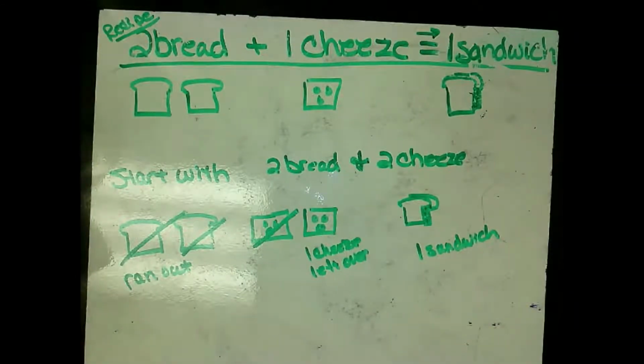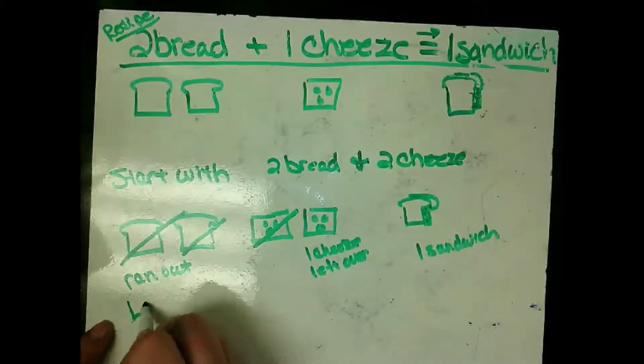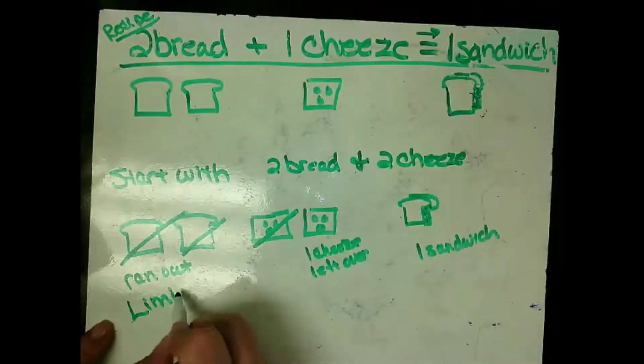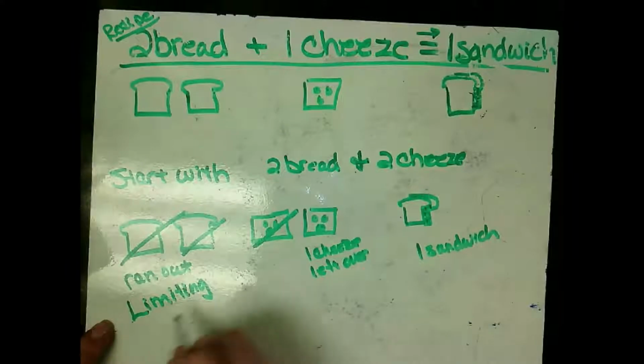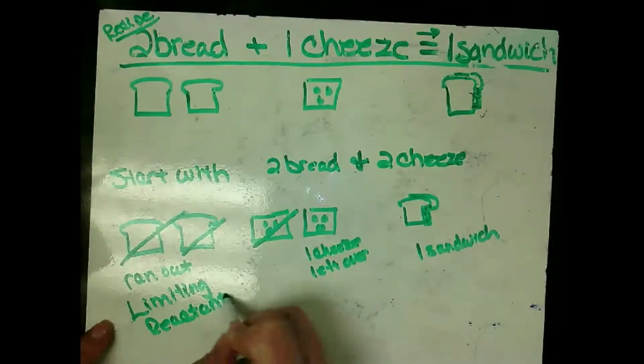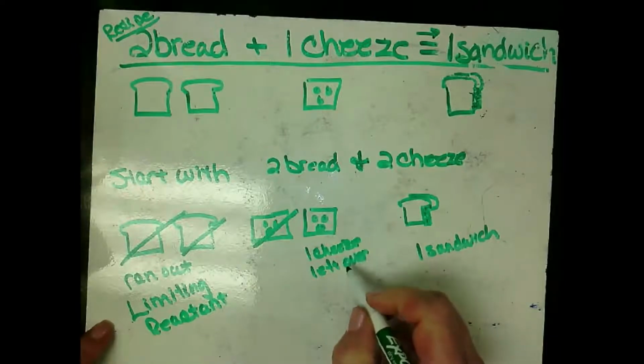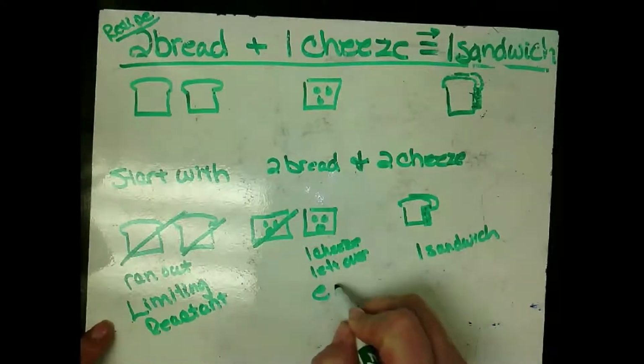Okay, so now the stuff that runs out is our limiting reactant. And sometimes it's called reagent, reactant, same thing. And the stuff that's left over is our excess, okay?